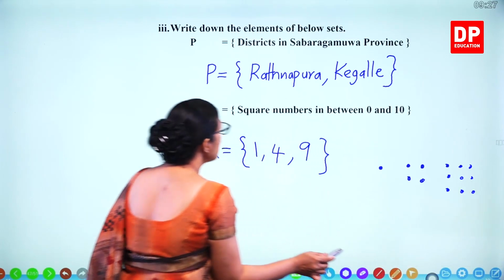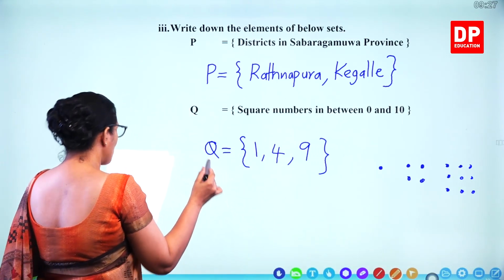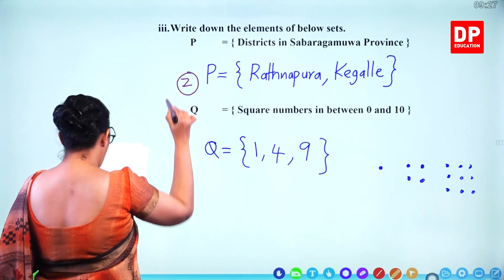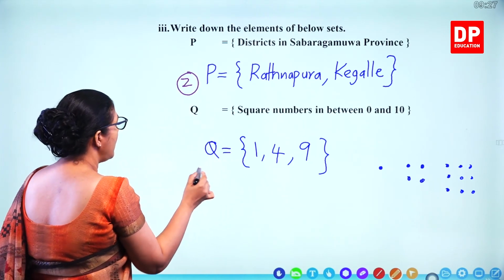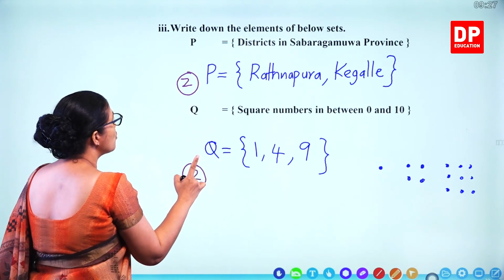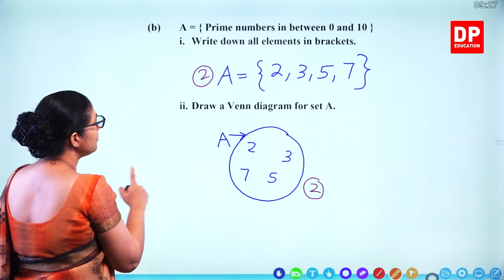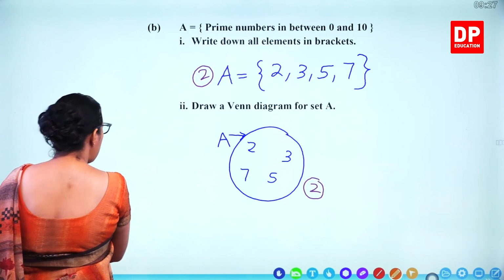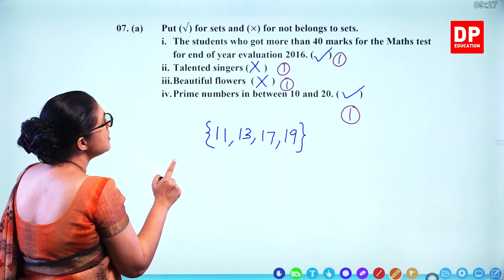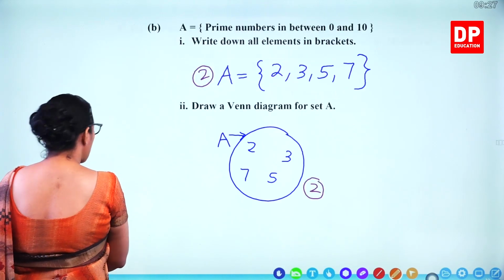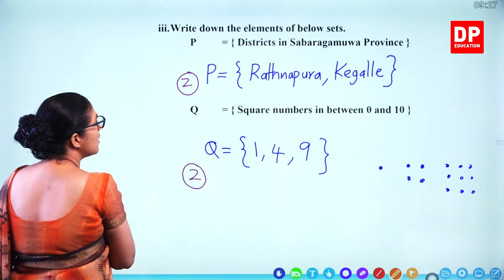So how many marks? 2 marks for this one. 1, 4, 9, 2 marks. So 2 and 2, 4. 4, 8. 8 and 4, 12 marks for that question as well.